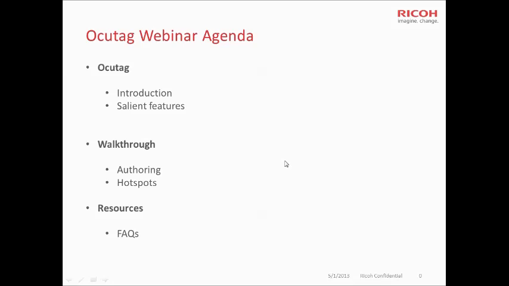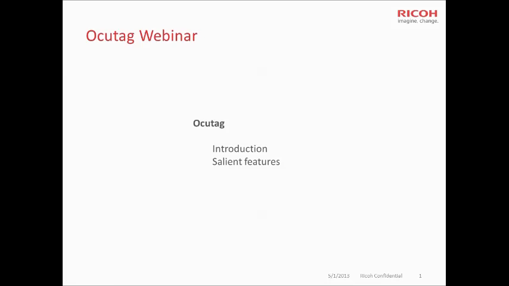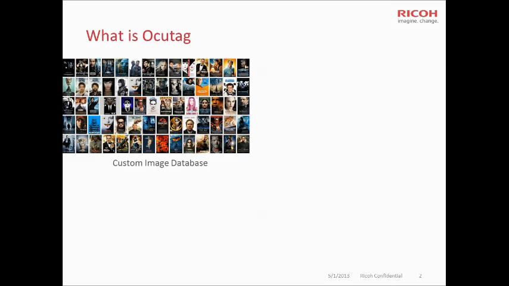To get started, I would like to explain what the Ocutag platform actually is. What do we mean when we say it is a visual search platform? Let's take a hypothetical example of a database of movie posters. Let's say there is a huge database of images where each image corresponds to a particular movie.